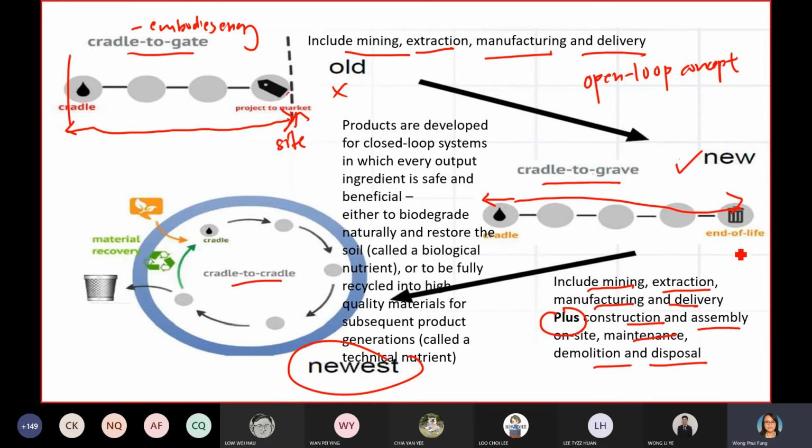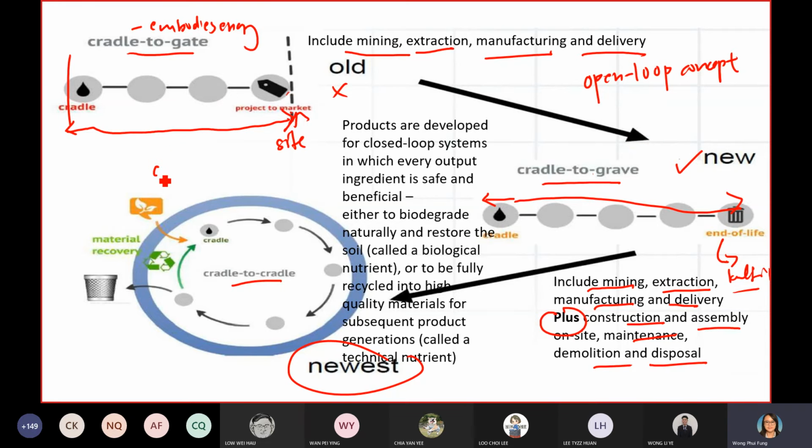After the end of the life, they will send it to landfill. So this is also not good, as I told you just now, landfill is not good. This is the open loop concept. The open loop concept is not good because eventually it does not solve the problem. Eventually, it still goes to the landfill. Landfill is also one of the problems. So that's why open loop eventually does not solve the ultimate problem.